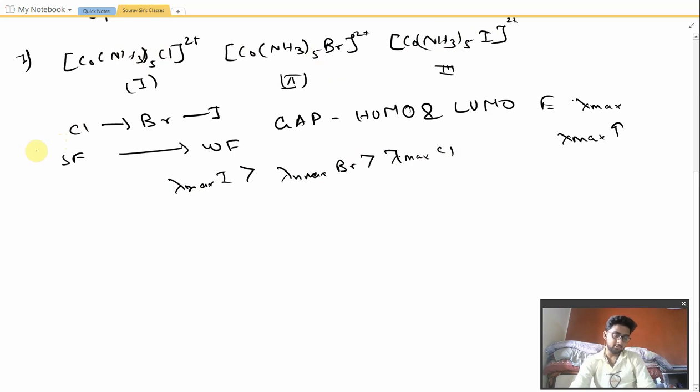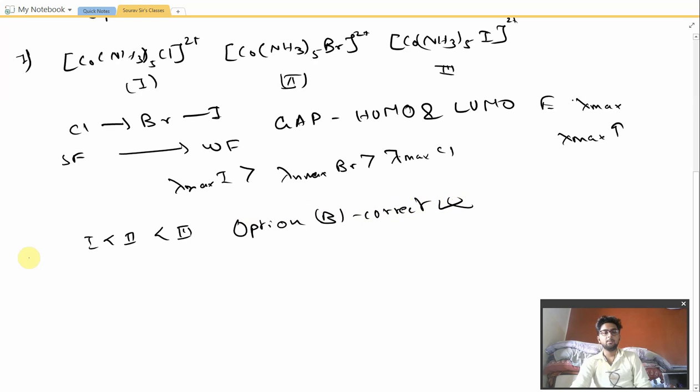In the options, option B says 3 is greater than 2 is greater than 1, so option B is the correct option.